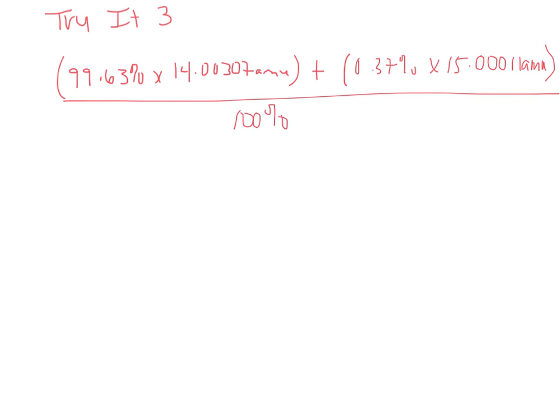When I plug this into my calculator, I come up with a mass of 14.00675905. Do I have to hold on to all those decimals? No. Many periodic tables round to the nearest 100th or possibly the 1000th. Nearest 100th is just fine for us. So that would round to 14.01 AMU.